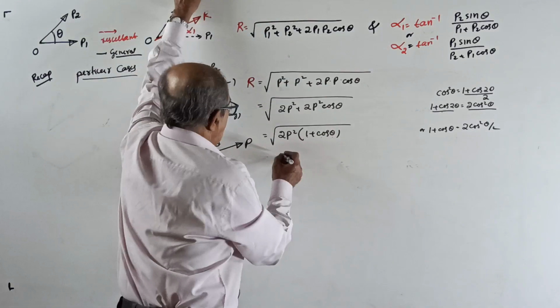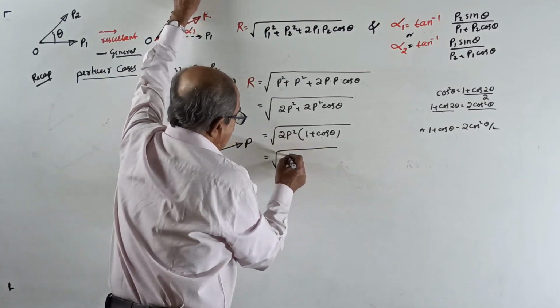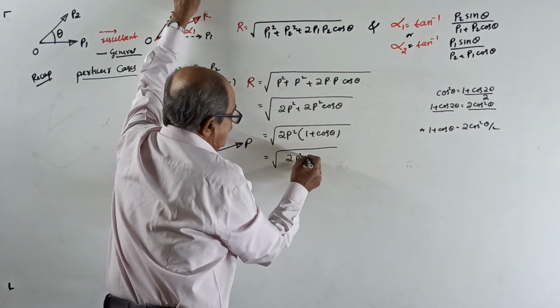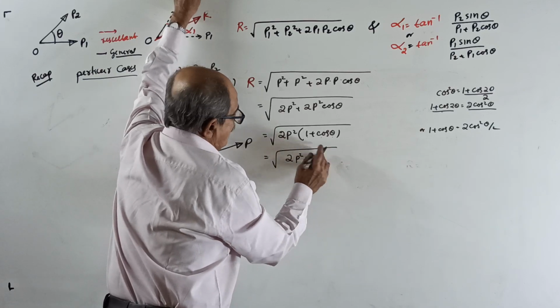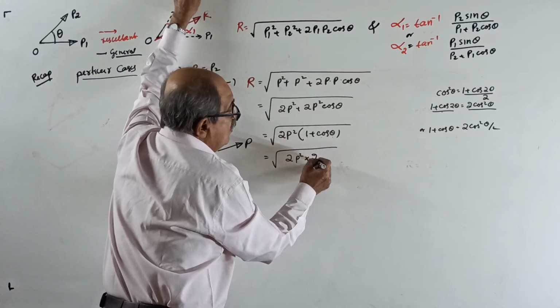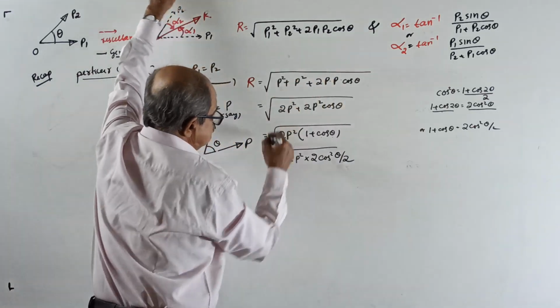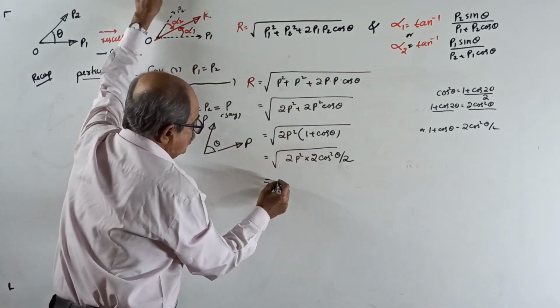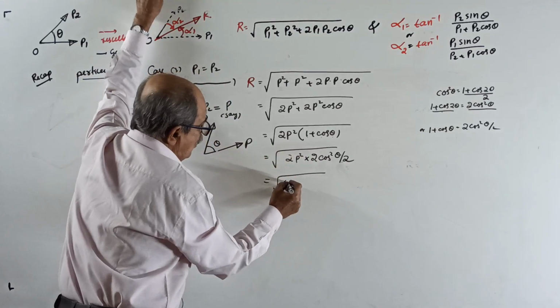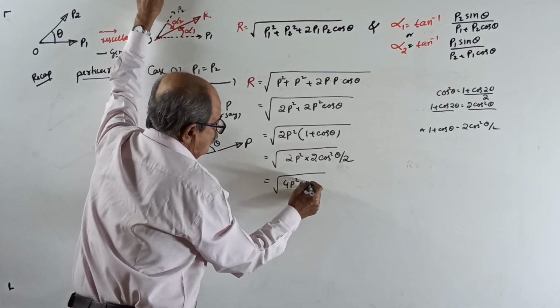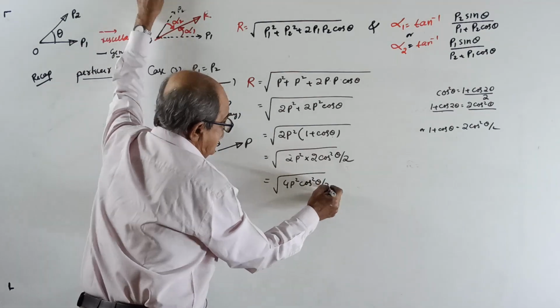So the resultant equals root of 2P square into 2 cos square theta by 2, which is root of 4P square cos square theta by 2.